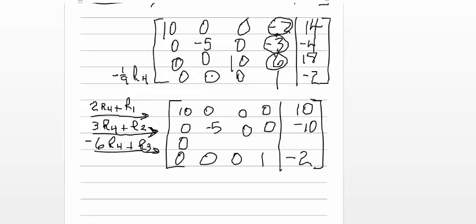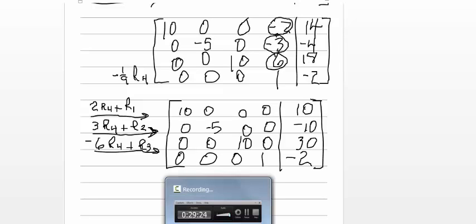And negative 6 times row 4 plus row 3 gives me 0, 0, 10, 0, and 30.